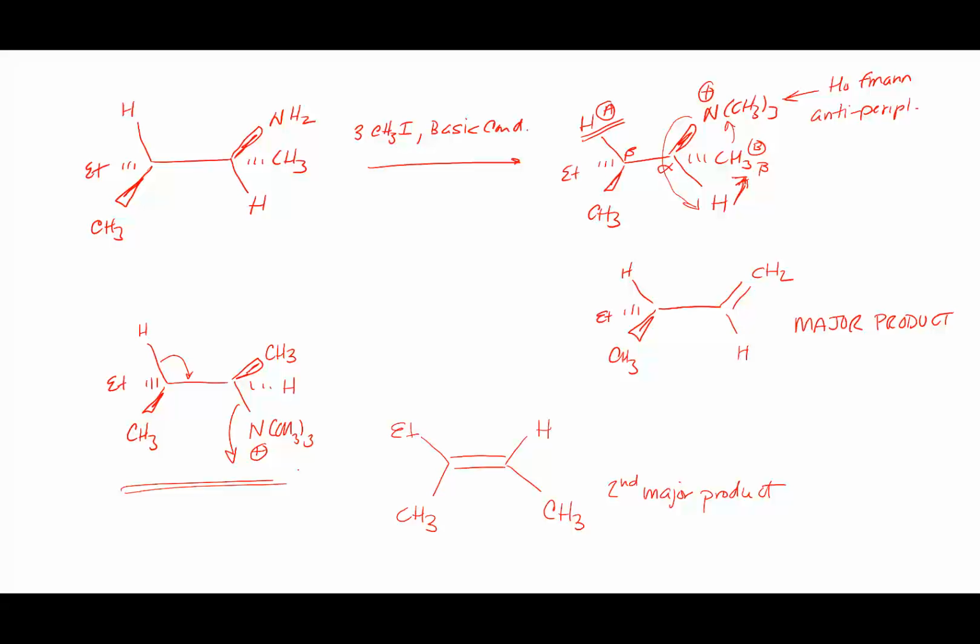You could put it into a Newman projection if you wanted to. So you could look at this molecule up here, and I've got to remember exactly how to write it. Let's see, what goes here? Methyl, ethyl, ethyl, and then the methyl, and then over here is the nitrogen, and then the hydrogen, and then the hydrogen.